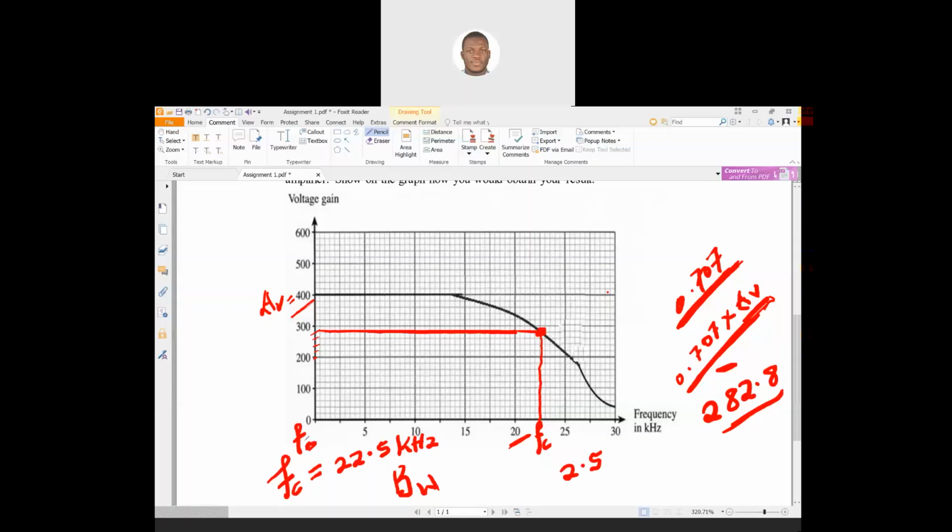So our bandwidth is going to be FC minus F naught. When you substitute that, you get 22.5 kilohertz minus 0, because this place is 0. And that will give you the bandwidth of the amplifier.